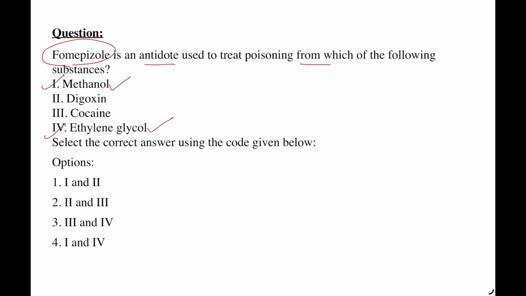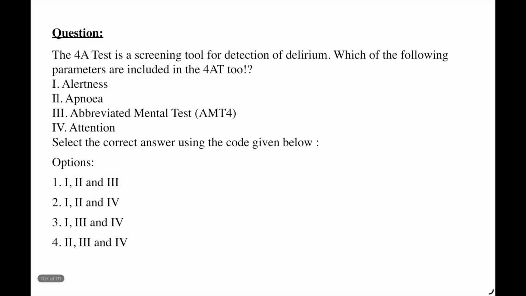We don't have a particular antidote as such. Okay, so the answer is methanol and ethylene glycol. Also option 1 and 4. This fomepizole is an alcohol dehydrogenase inhibitor. So a lot of questions on antidotes. So one topic that you should be very perfect in is antidotes from general medicine, that is the poisoning part.